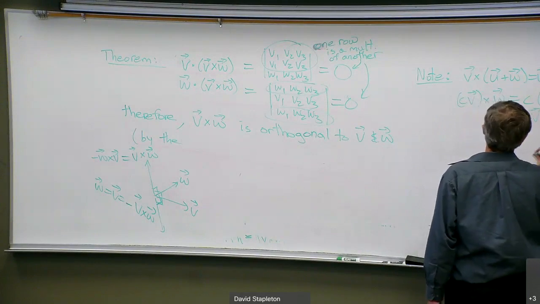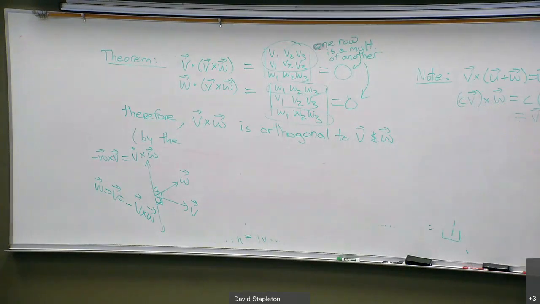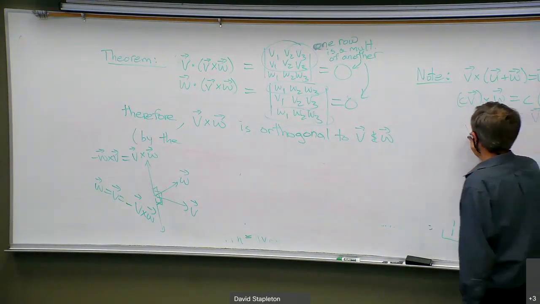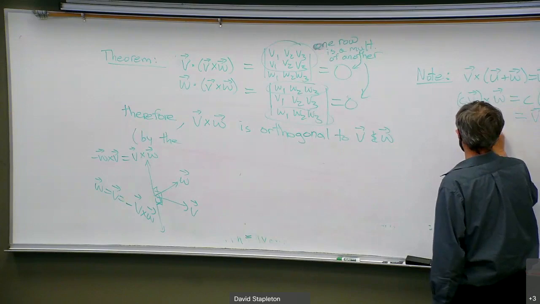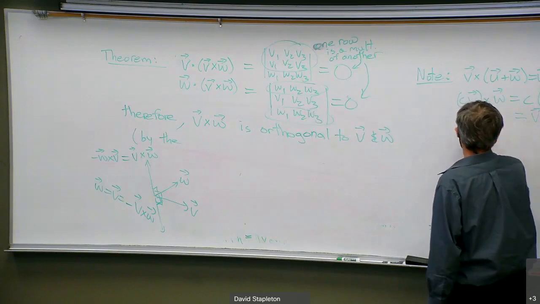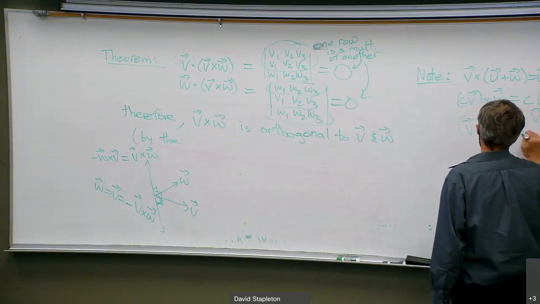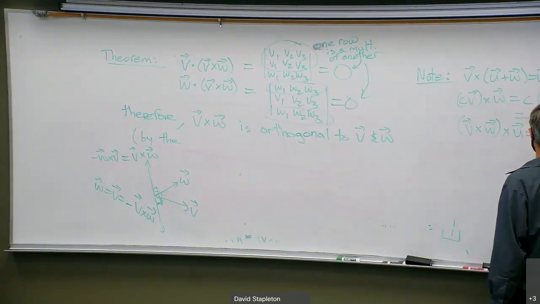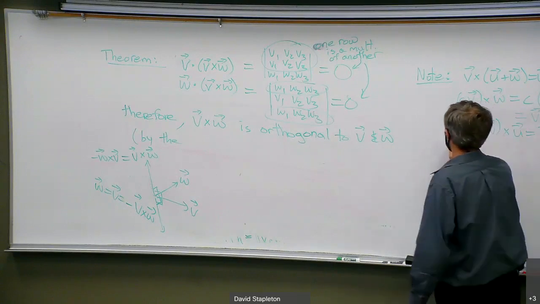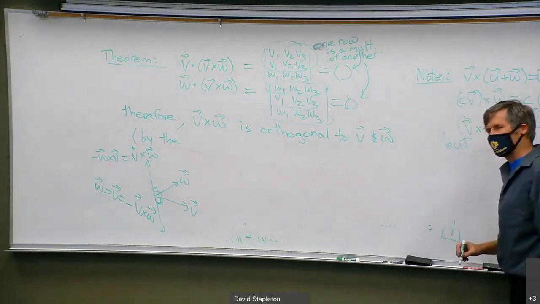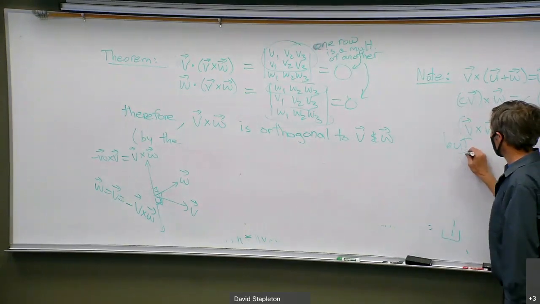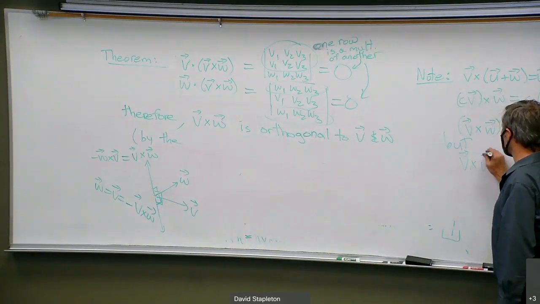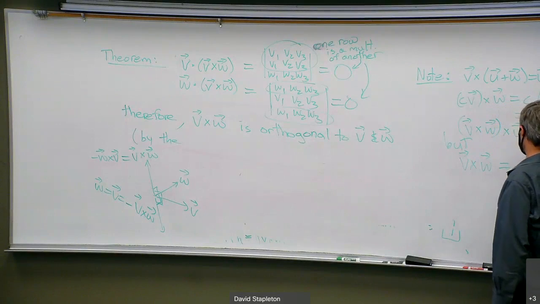And so you can do all these kinds of properties that you'd like to see. There's also an associative-type property for V cross W cross U, but we won't prove all these, it's too long. All these properties hold, but what did we just show over here? One property doesn't. V cross W is not equal to W cross V, it's equal to minus W cross V. It's anti-commutative.